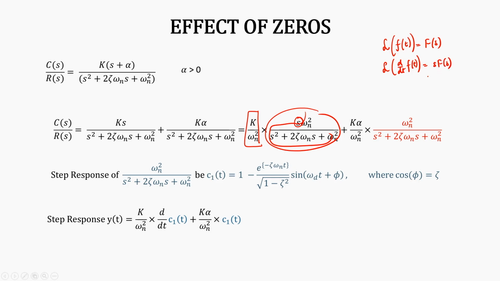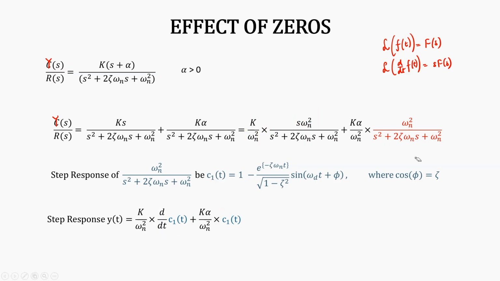So, that is what is happening. This is s times the standard form. Therefore, this is d dt of c1 of t here, and similarly, for this part it is k alpha by omega n square c1 of t.